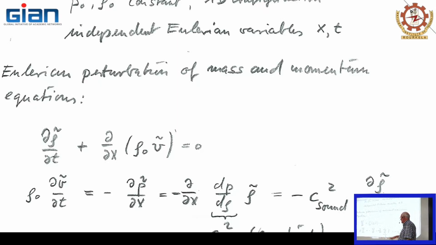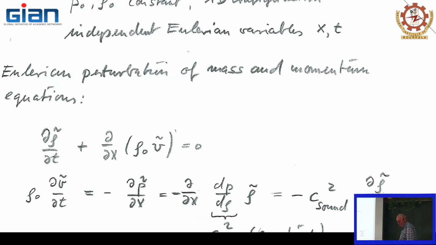time. On the right-hand side, we have the pressure. The pressure gradient in the original organ pipe is 0, so this reduces to the gradient of the pressure perturbation, minus dp tilde by dx. There is a relation between the pressure perturbation and the density perturbation, given by p of rho.